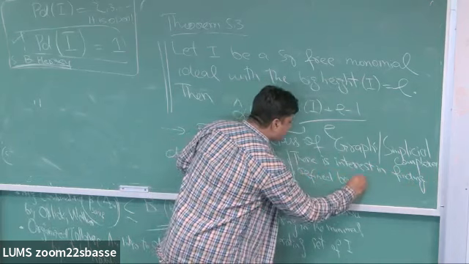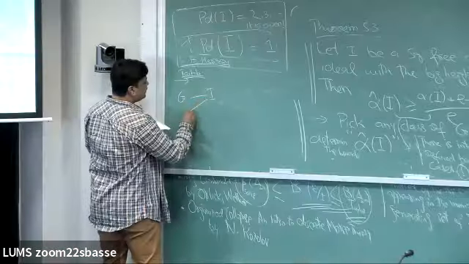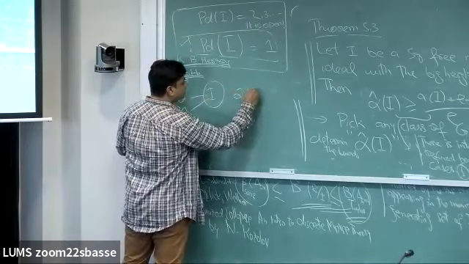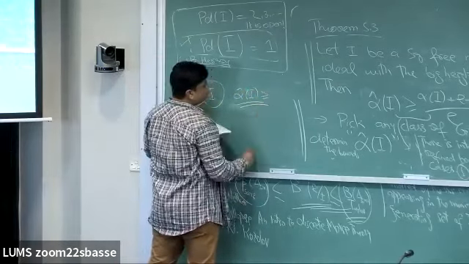Then another task what Taiha suggests regarding the same problem is that, okay, by using the same theorem, you can pick the class of the ideal which is coming through the graph or simplicial complexes, use this particular theorem and find the combinatorial bound of the Waldschmidt constant, probably by using the same theorem.